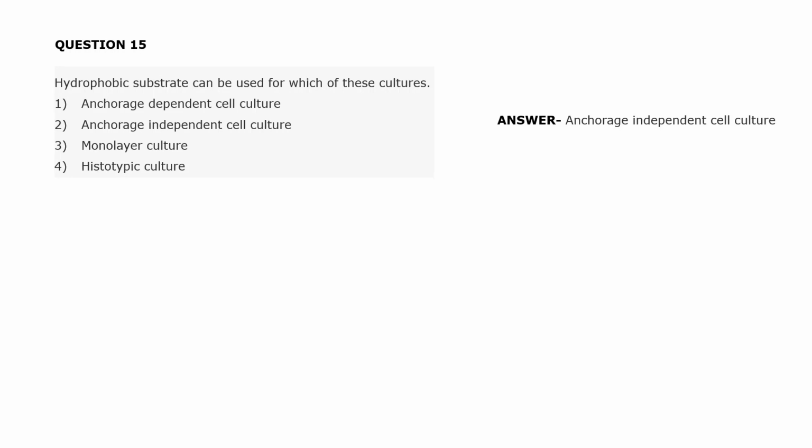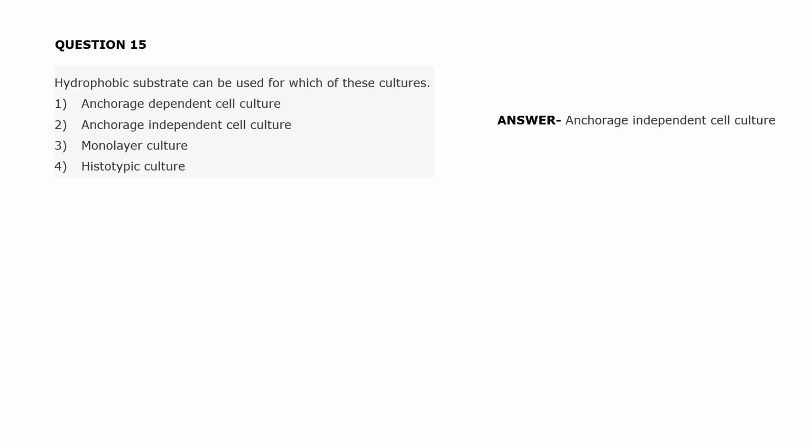So it requires an extracellular matrix to attach to and then undergo cell division and proliferation. It cannot attach to a hydrophobic surface because it requires a hydrophilic surface for protein-protein interaction and the presence of an extracellular matrix. So I think this answer is clear.